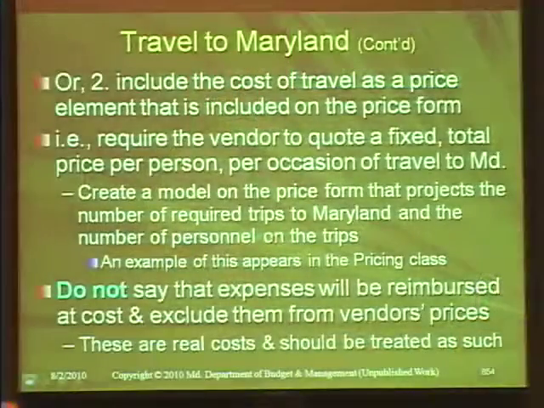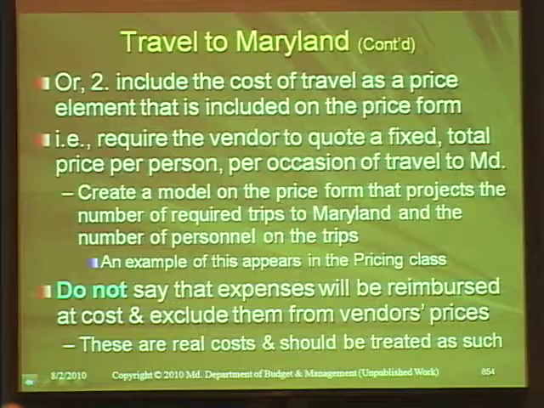So that should be an element in the price form. So don't take out of the equation something that can be priced and is a legitimate cost to the state. So we say, if they can calculate how many, just price per occasion, you can do a model, you can have them price it, it can be part of the award determination.